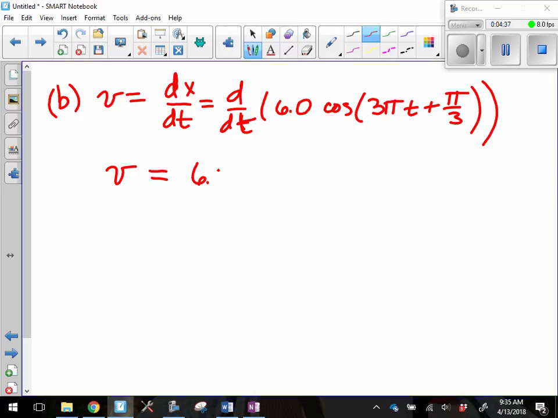So my 6 is just going to hang out front because it's just a constant, right? And what's the derivative of cosine? Negative sine. So it's going to be negative sine of 3 pi t plus pi over 3. But then what do I have to do? I have to take the derivative of what's inside, which is going to give me 3 pi.